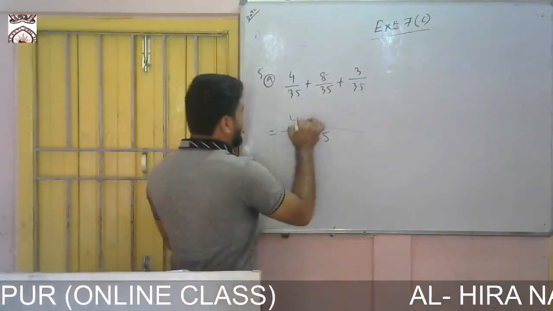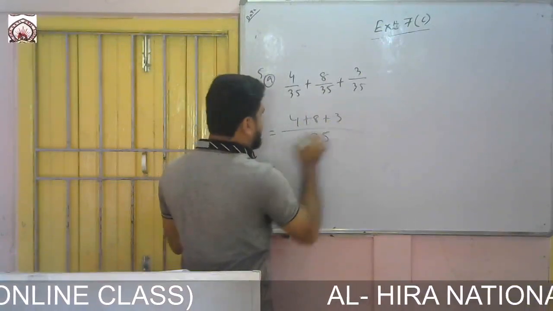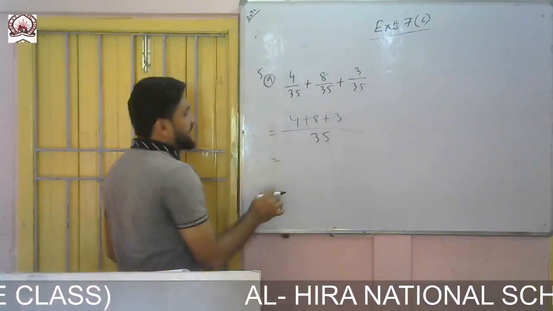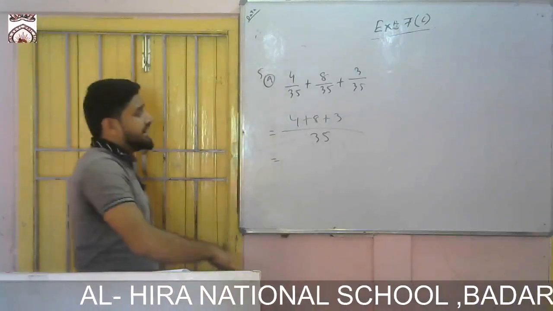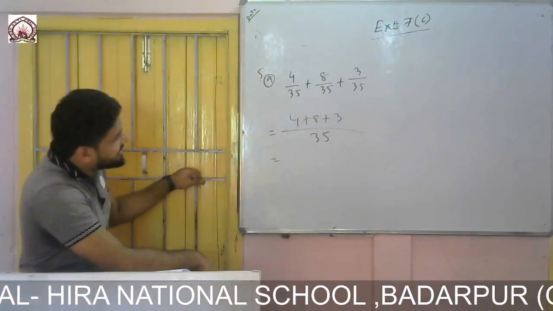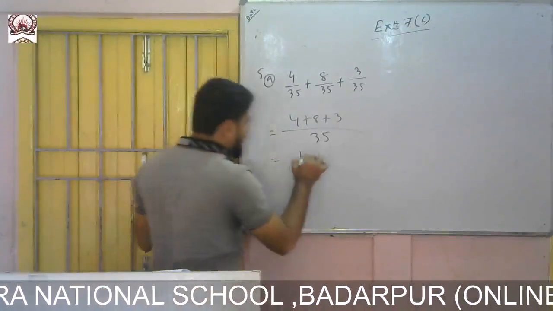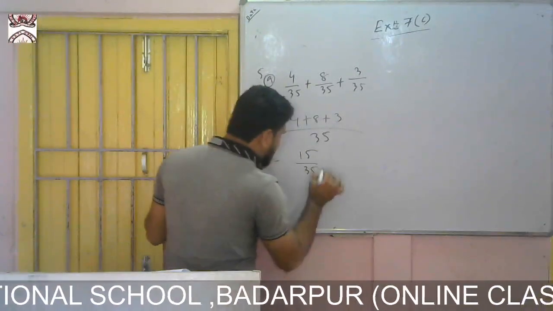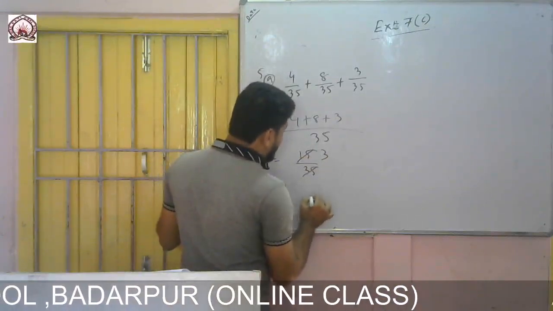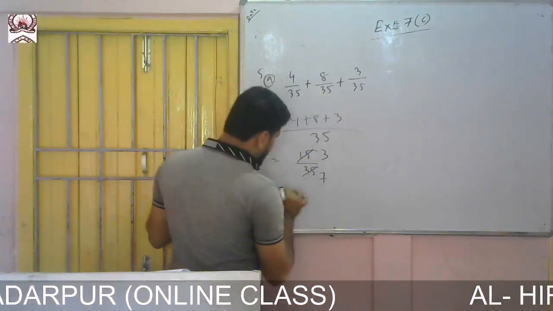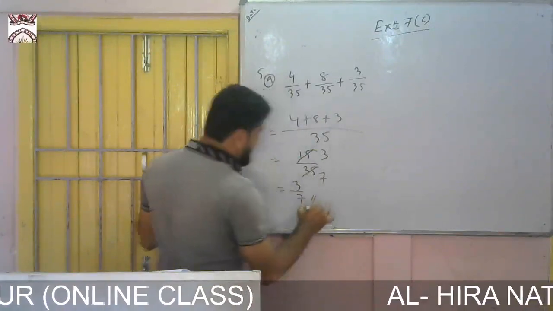So it will be 4 plus 8 plus 3. 8 plus 3 is 11, 11 plus 4 is 15, so 15 by 35. Now cancel it with 5: 5 3s are 15 and 5 7s are 35, so it is 3 by 7. That is the answer.